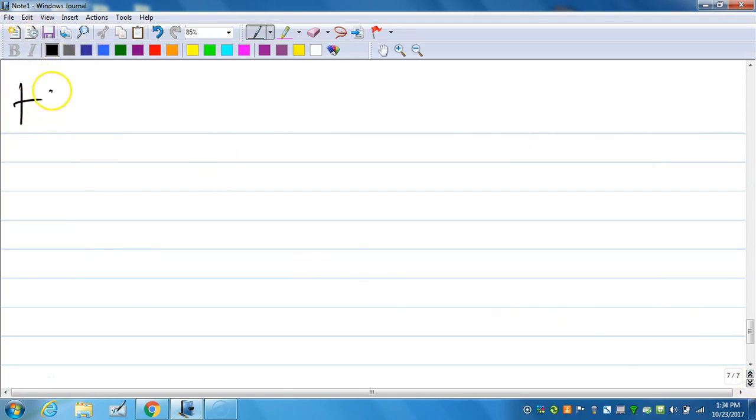And then TOA for tangent, opposite, and then adjacent.